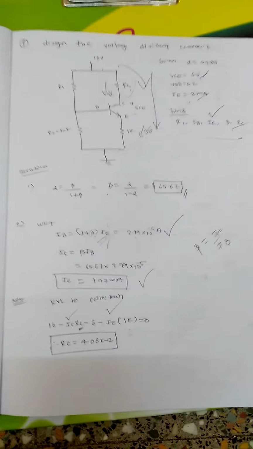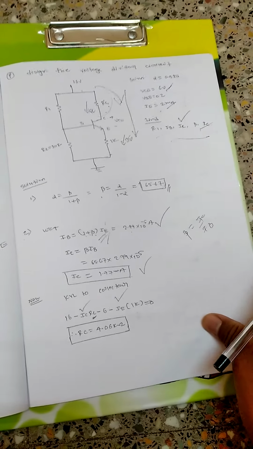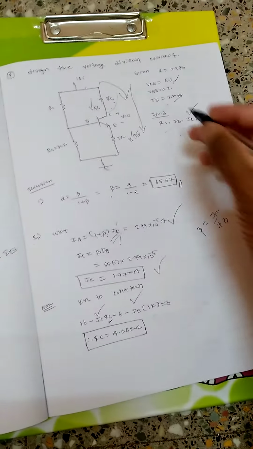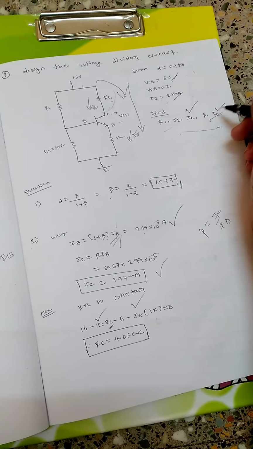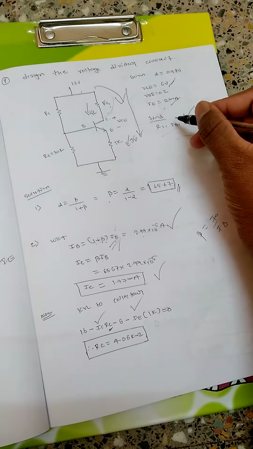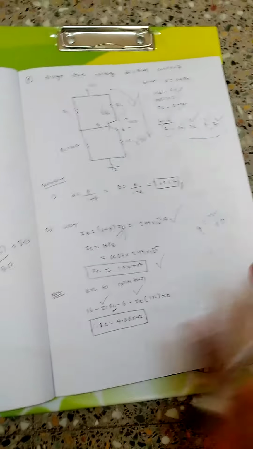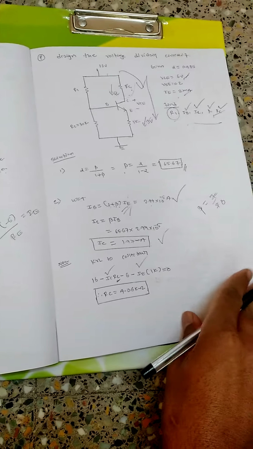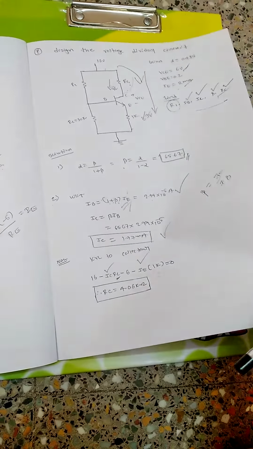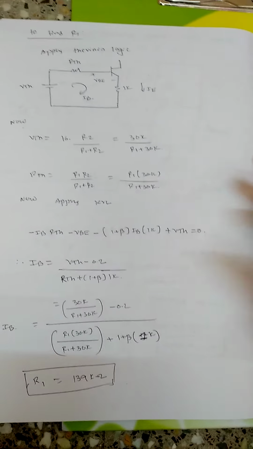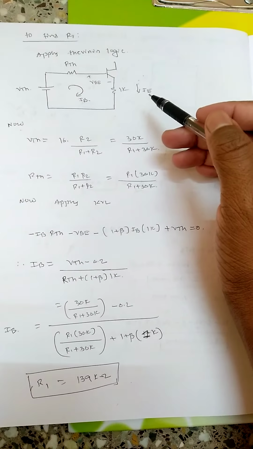So this is how you can find out the collector resistance, that is RC. So I have found out RC, beta and IB. I am only left with the R1 value here. To find R1, let us see what should be done. Okay, to find R1, apply Thevenin's logic again.